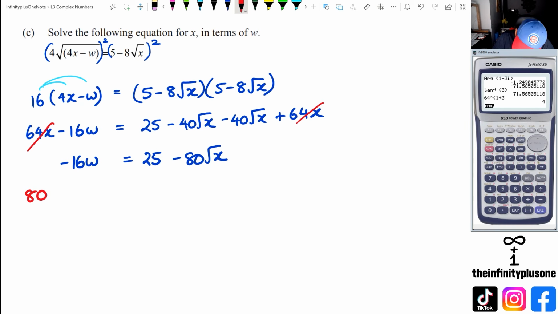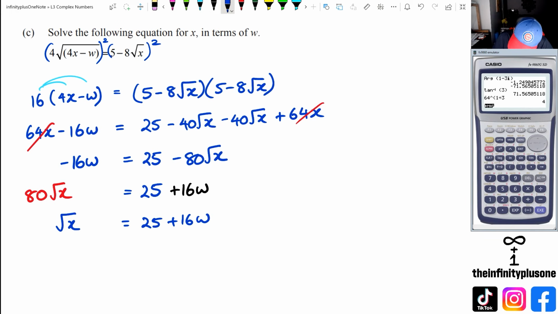So I'm going to get 80 root x is equal to 25, and then I'm going to bring the minus 16w to the right hand side, which will make it positive 16w. Then I can say root x is equal to 25 plus 16w over 80.